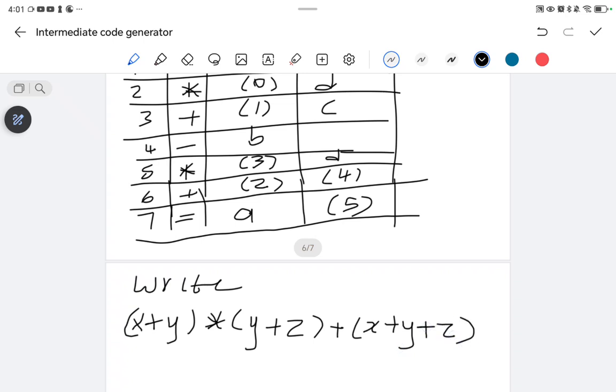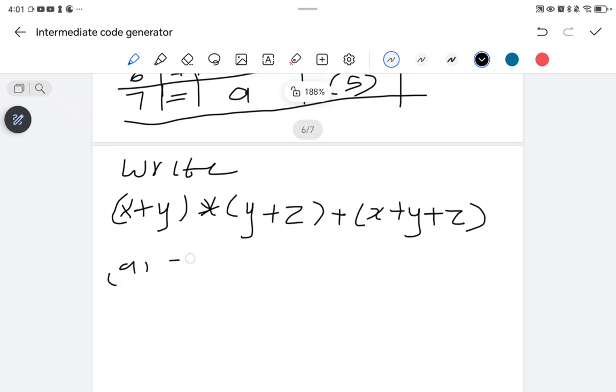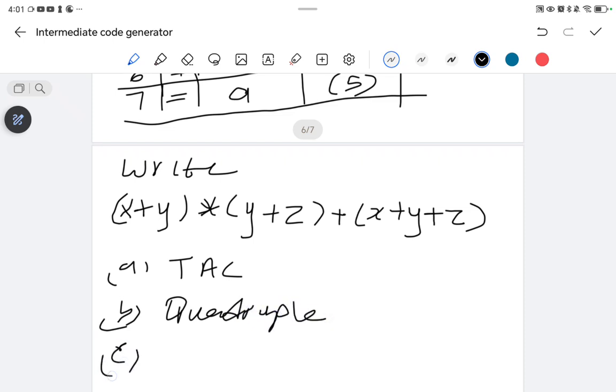What you're going to do here, you write a tag, you write a quad, row pool, you write a triple, right?